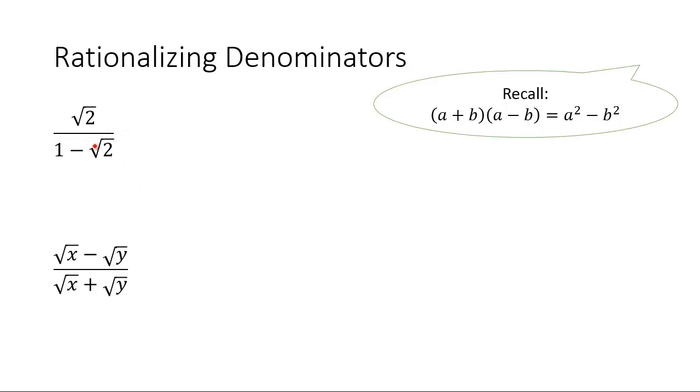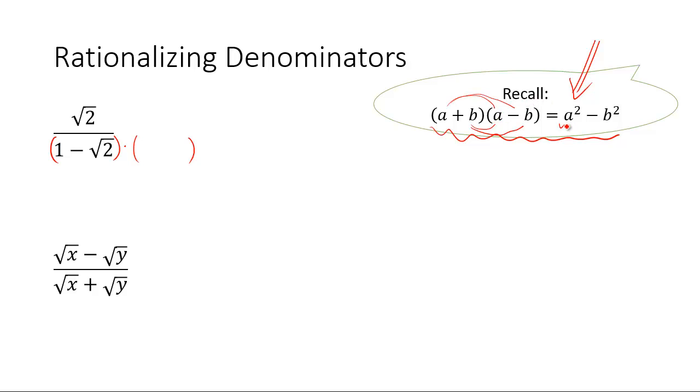So the goal is, what do we take 1 minus root 2 and multiply it by so that no roots are left? Well, there's this fun fact here that we've seen over and over again, and this is the difference of squares. And you should by now notice that if you expand this, the middle terms cancel, and the middle terms are the ones that would have had the roots.